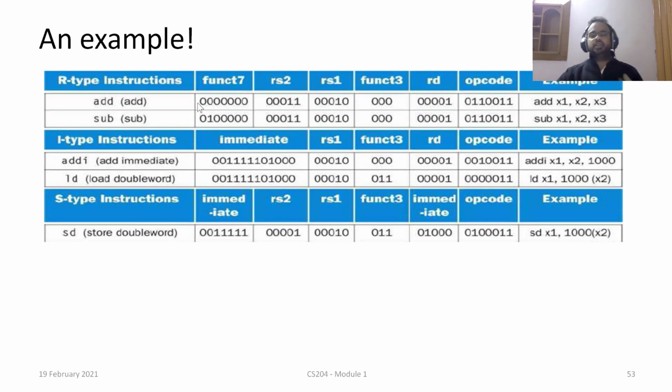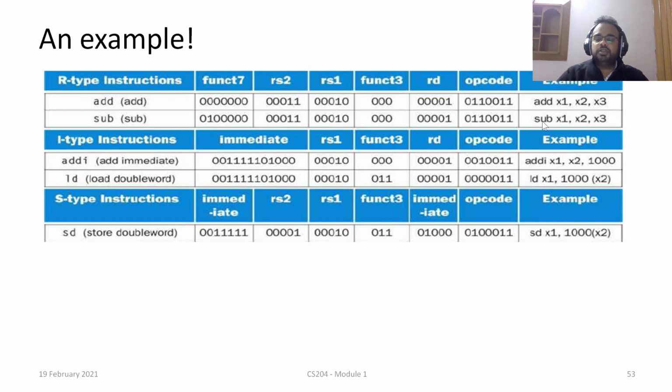As a quick example, add x1, x2, x3 would be represented like this. We have the opcode. RD is 4 zeros followed by 1 because it is x1, followed by function 3, and RS1 is 2 and RS2 is 3.